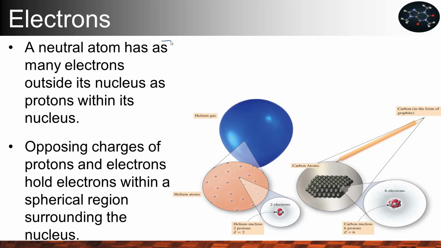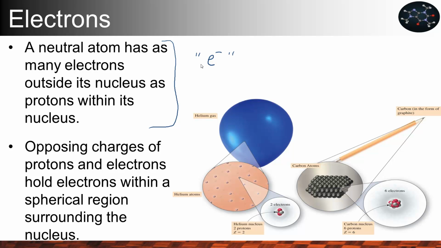Now, the second part that we find in atoms we talked about before are electrons. Now, electrons are the negative part that's in the atom that opposes the charge of the positive protons. And to remind you, we use the symbol lowercase e with a superscript minus. Okay?